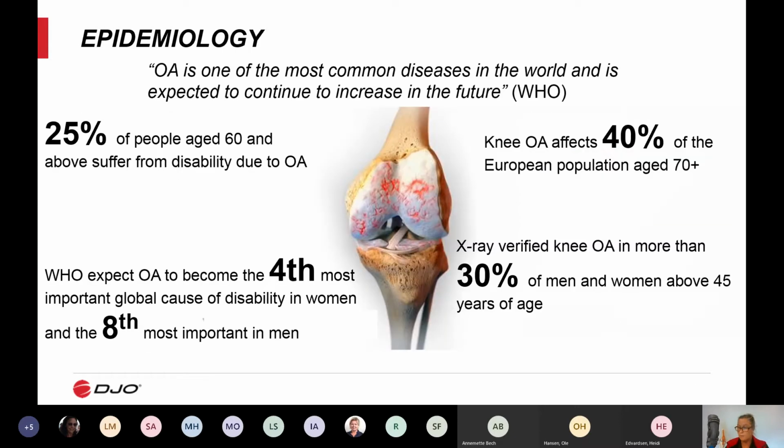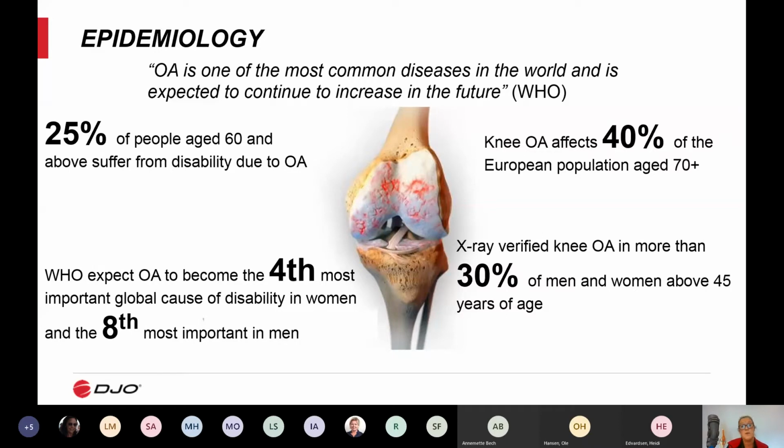If we look at OA around the world, it's a very, very big problem, and it's continuing to grow. And what we see, and also what the WHO has seen over the years, is that almost 25% of people that have turned 60 and above suffer from disability due to OA.